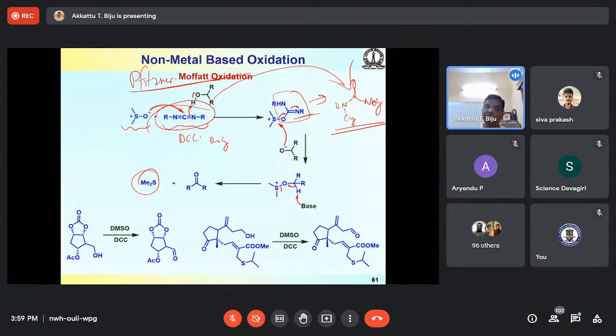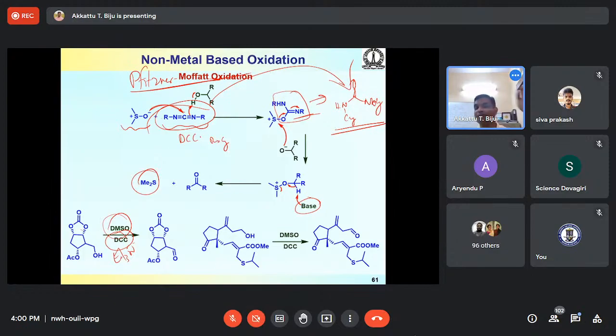But the Pfitzner-Moffatt has an advantage. If we use the DMSO and DCC combination and triethylamine, a base finally used to abstract the proton, this is useful for some oxidation reactions containing sensitive functionalities, such as this functional group, which can easily undergo cleavage under acidic conditions.